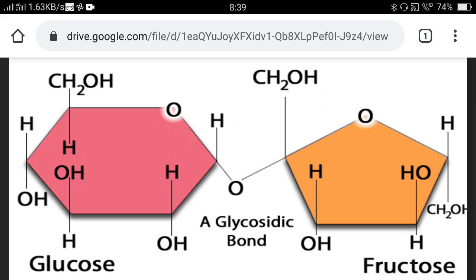See, between those two molecules is the glycosidic bond, which binds them together and forms the disaccharide, that is sucrose.